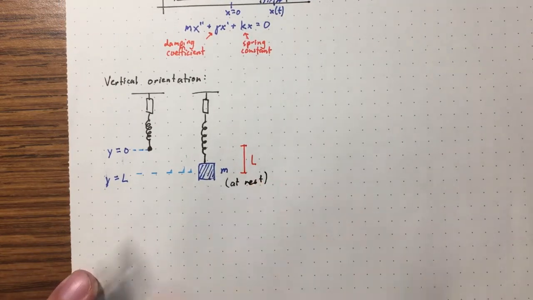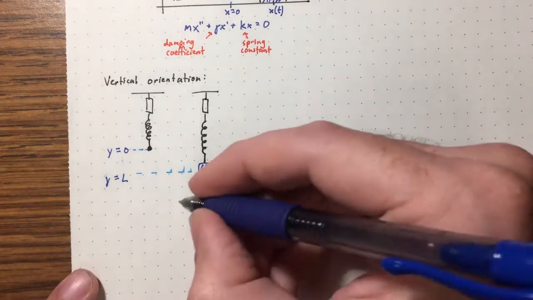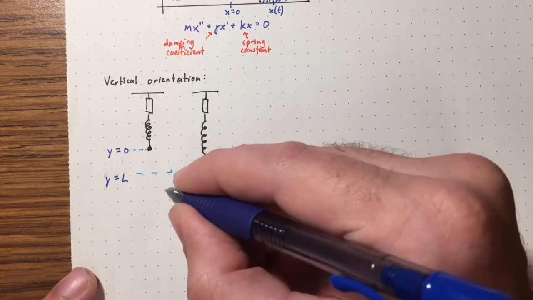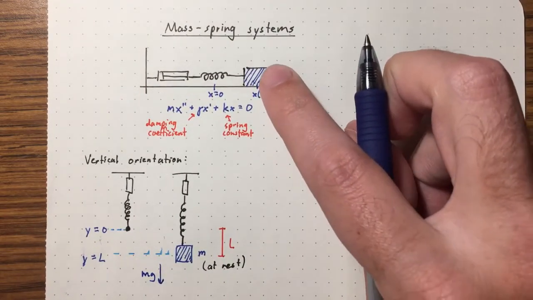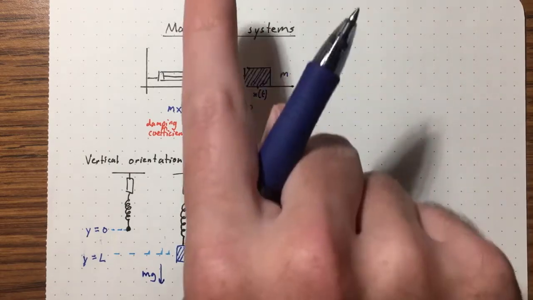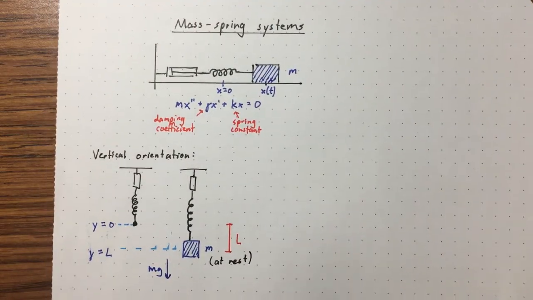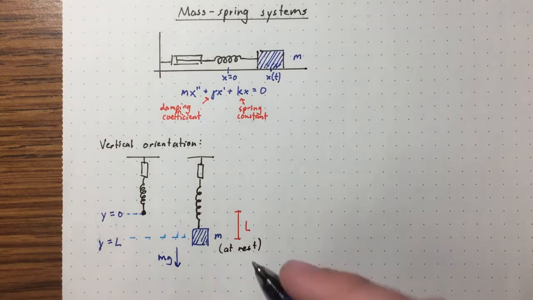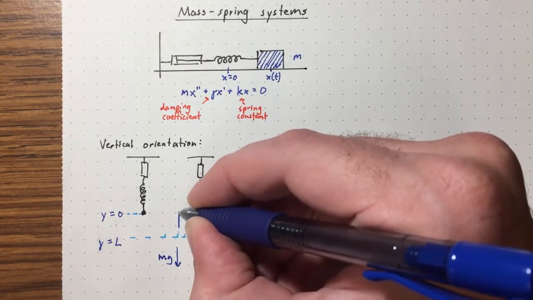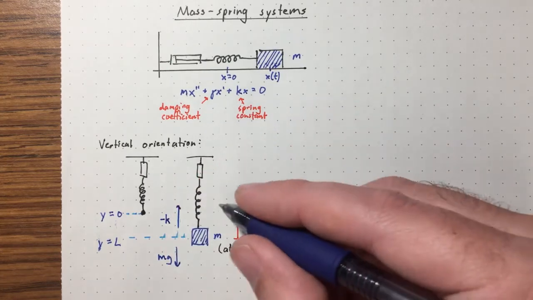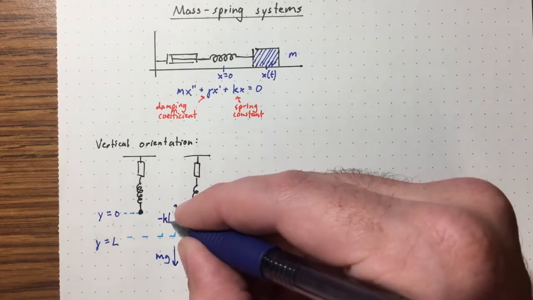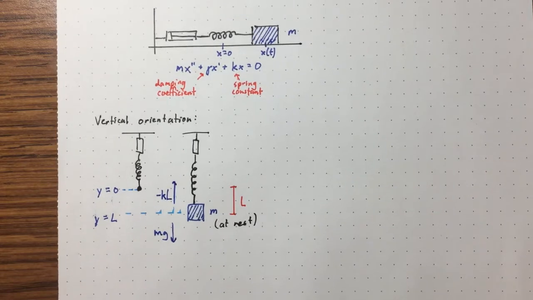Then what are the forces acting on this mass? There's a downward force due to gravity. We didn't really have that in the first picture. Well, technically we did have it, but there was a normal force counteracting it. Here we have a downward force due to gravity, and we have an upward force due to the spring, so it's negative k times the displacement, which is L. That's the displacement from the equilibrium position.